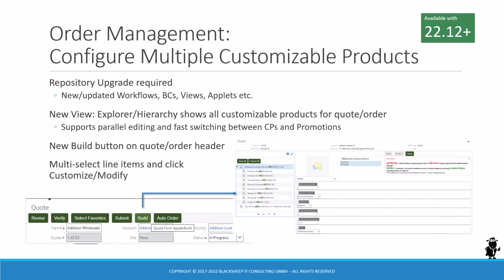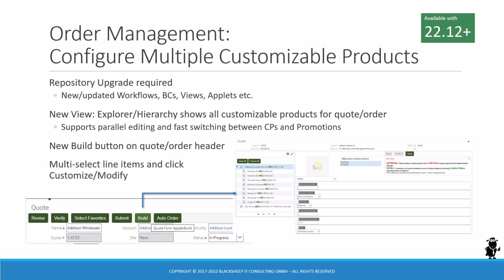The other feature introduced in 22.12 is in the order management realm. And that is quite an impressive one, as the official title is Configure Multiple Customizable Products. First and foremost, you need to run the repository upgrade to get this feature, as it introduces a lot of new workflows, updates to workflows.